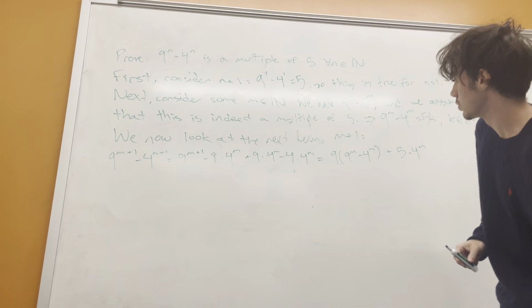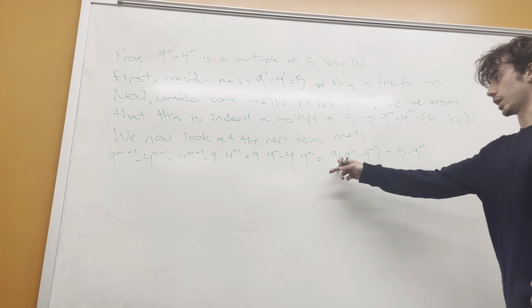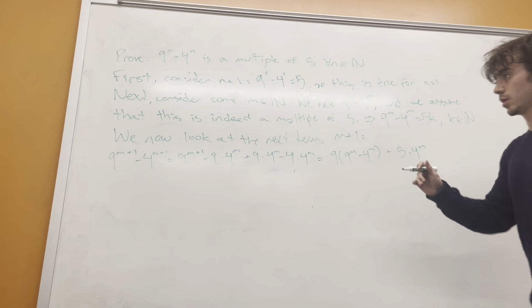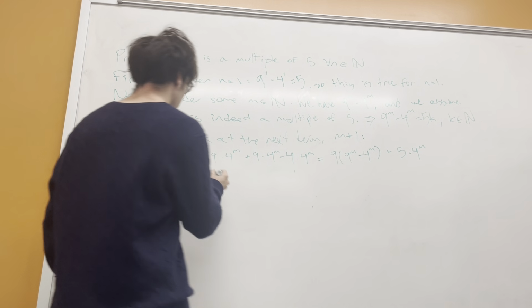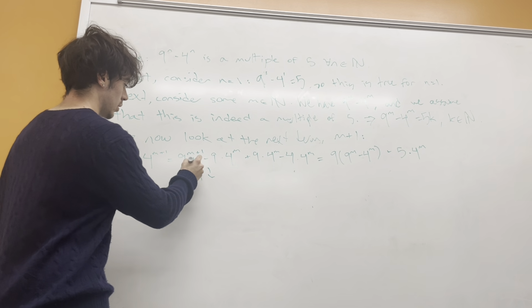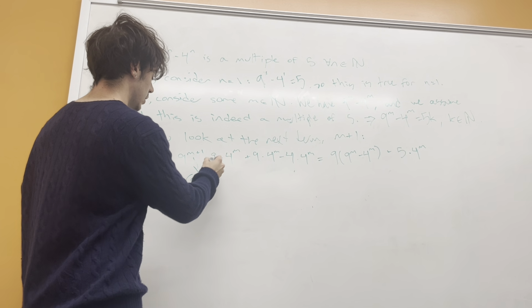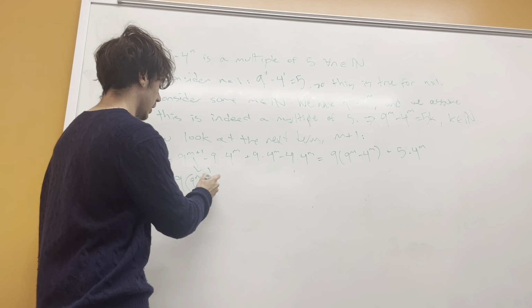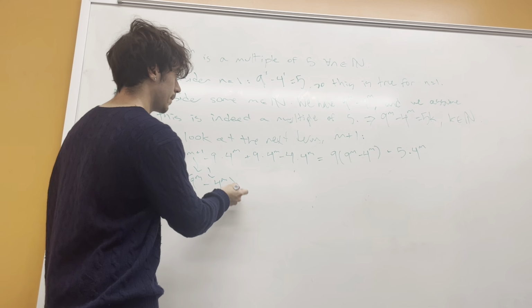So then we pull out a 9 here, and we have 9 times (9^m minus 4^m), which if we go back over here, we pull out the 9, and then we're left with the 9^m from 9^(m+1), and then we pull out the 9 here, and we're left with that 4^m, so 9^m minus 4^m.